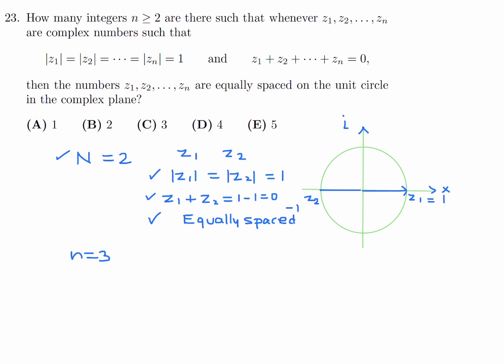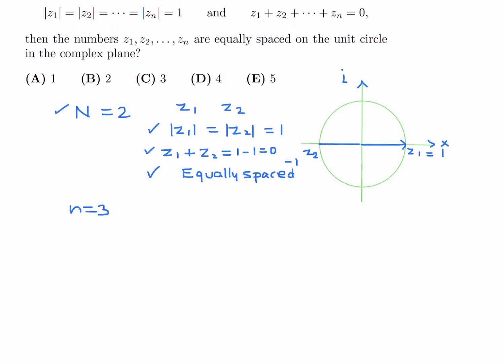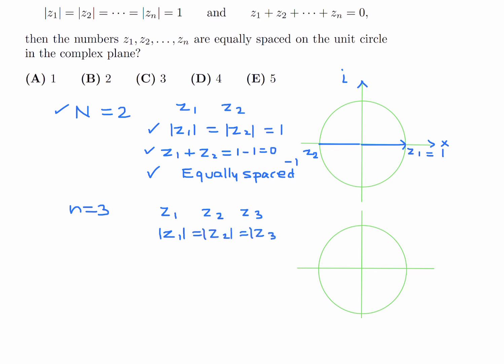Again, same sort of strategy here. We're going to draw a brief basic unit circle and off we go. The three values Z1, Z2, Z3, I've got to make them all equal to 1 in terms of their magnitudes, so that shouldn't be a problem.